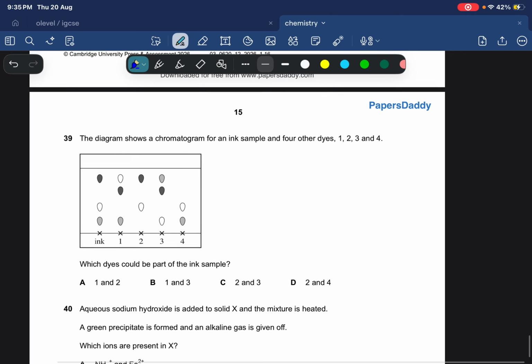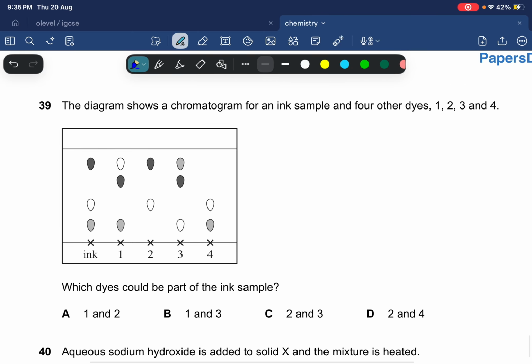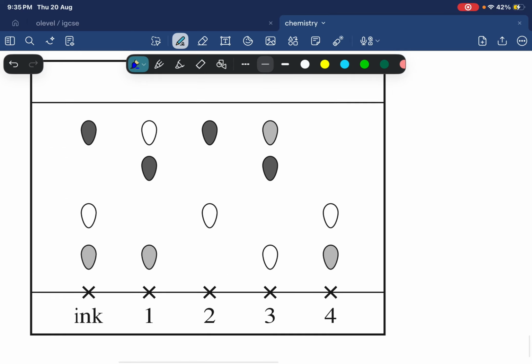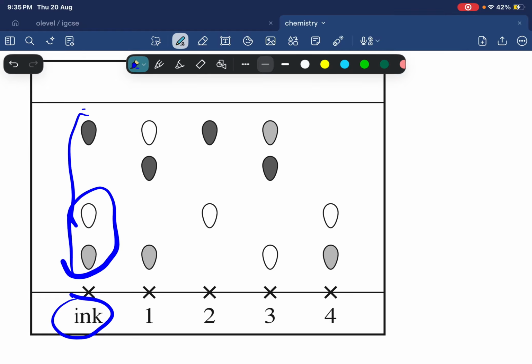Next, the diagram shows a chromatogram of an ink sample and 4 other dyes, 1, 2, 3, and 4. Which dyes could be part of the ink sample? This is ink, so I need these two in something, and then I need this in something.